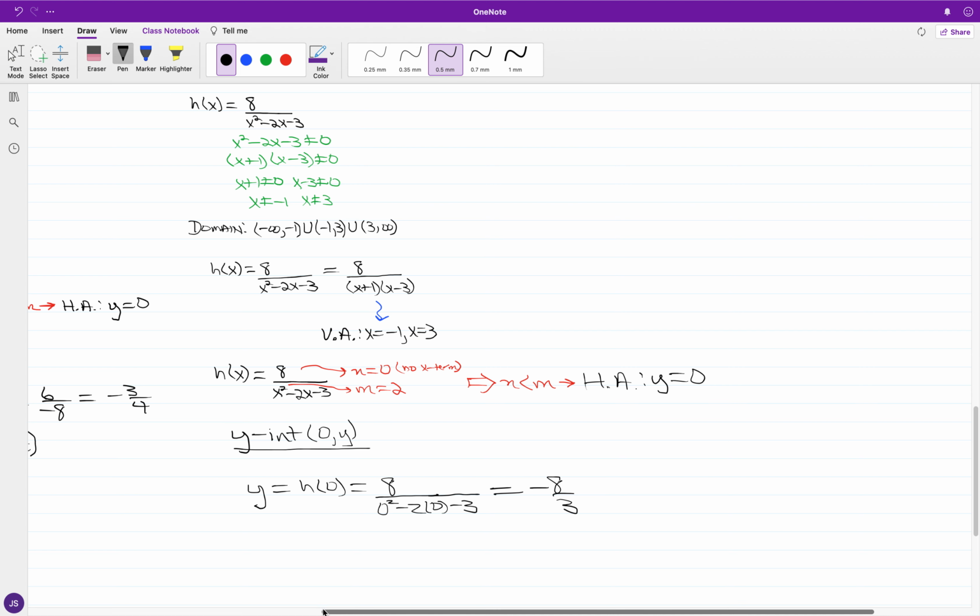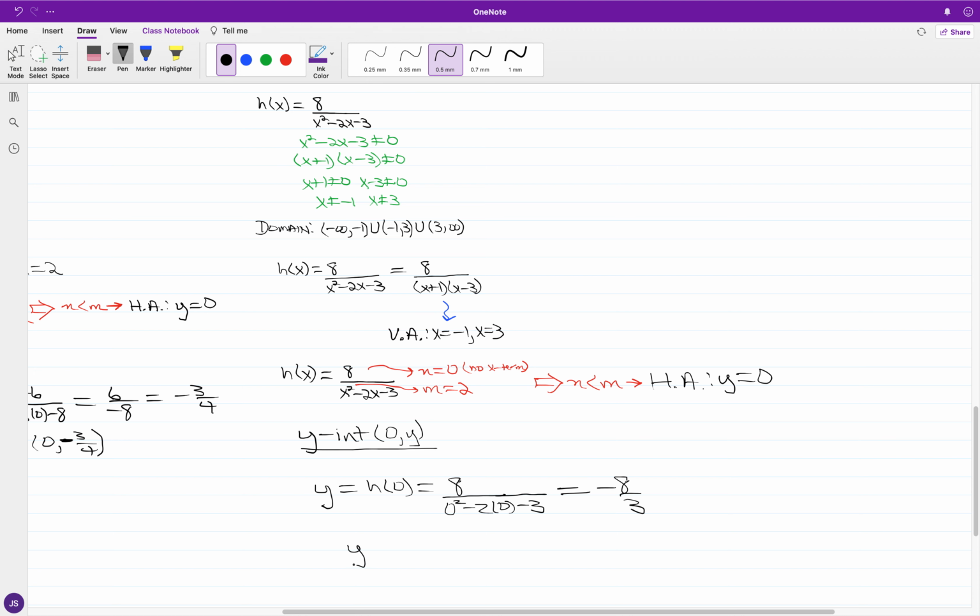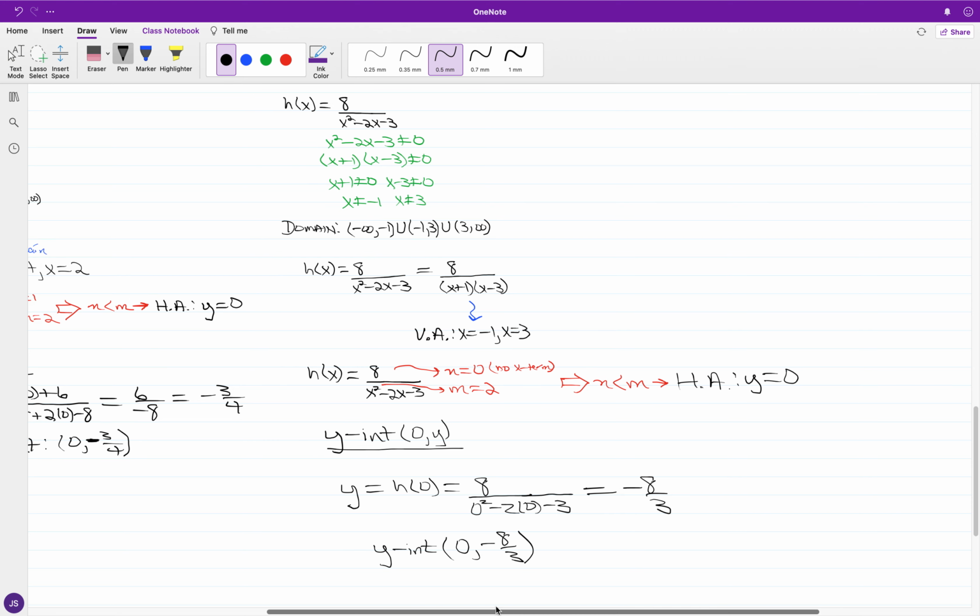And so for the y-intercept, you have 0, -8/3. So that's almost at 0, -3.